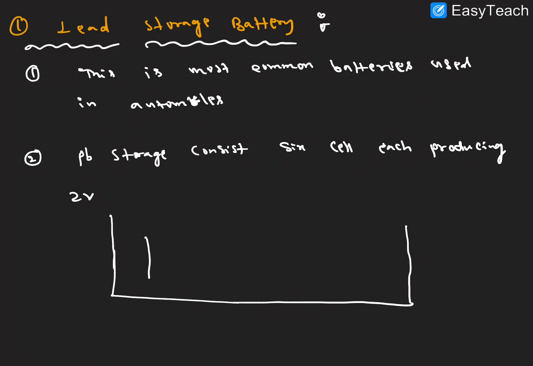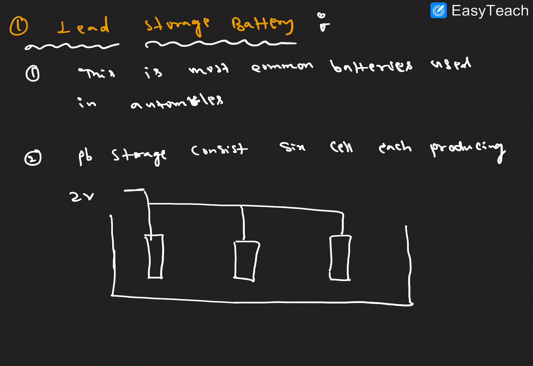So this is a cell, alternately cathode and anode are arranged. So this is anode, and here one more anode, another, this is one more anode. These three are together with each other. This is called anode, right? I hope it is clear. In the alternative way, the cathode is also arranged, right?